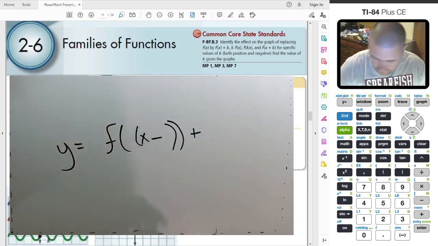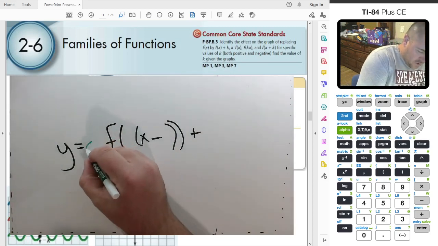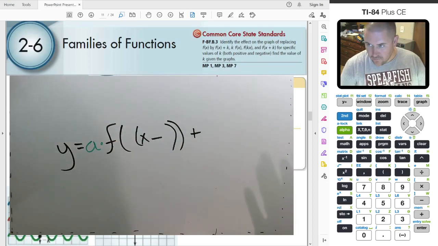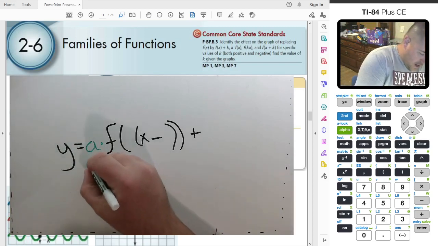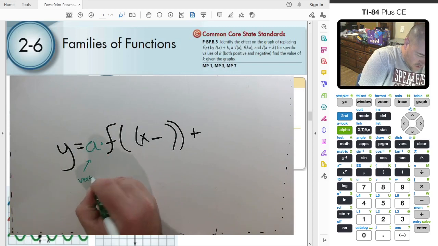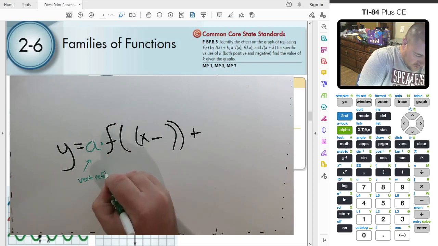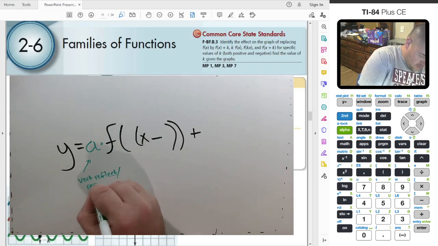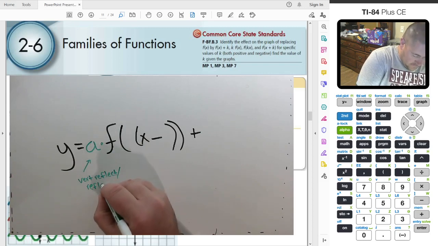There we go. So first, a times f of x. A is for vertical reflections, also called reflect in the x-axis.